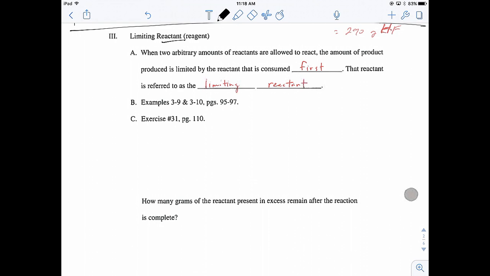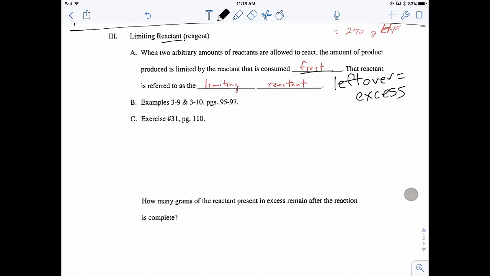In real world reactions, you're not likely to use all of both reactants at the same time down to the last atom. So you'll always have insufficient amounts of one reactant to completely react the other. So we'd say it's limited by whichever one's consumed first. That reactant is referred to as the limiting reactant. The one that is left over is what we call the excess reactant.